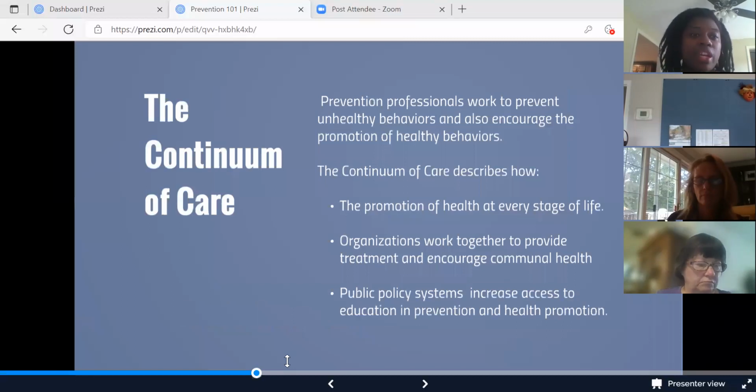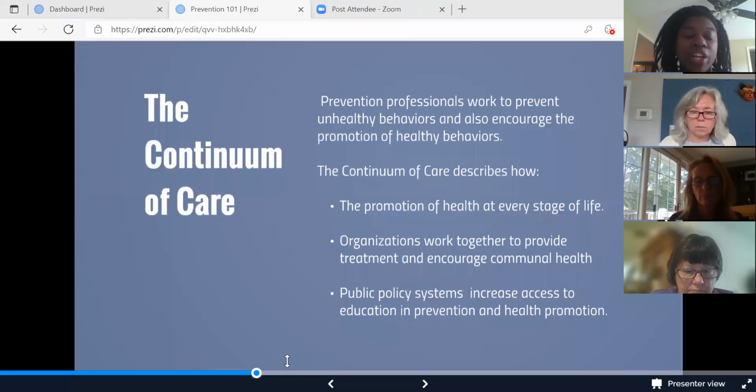So what is the continuum of care? The continuum of care is how we work to prevent unhealthy behaviors and encourage promotion of healthy behaviors. It is basically a model of promotion of health at every stage. And it's where organizations work together in order to create a system of communal health, so that access to education and prevention is easily accessible, health promotion is easily accessible.